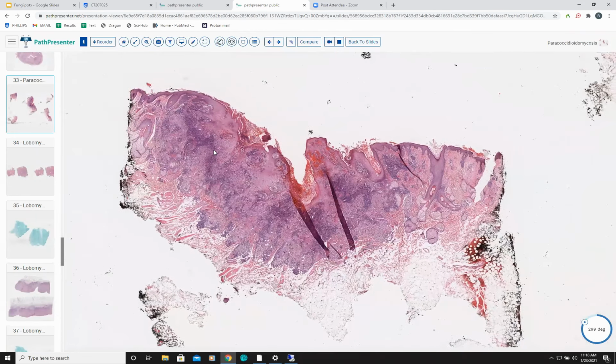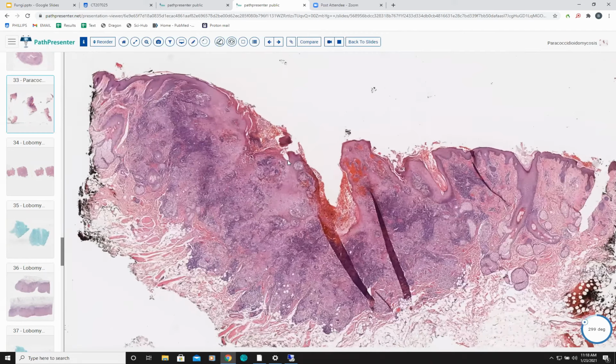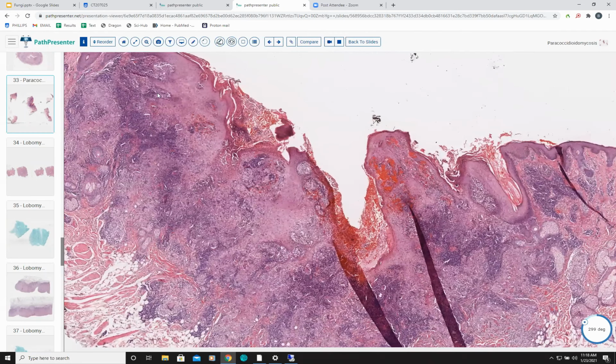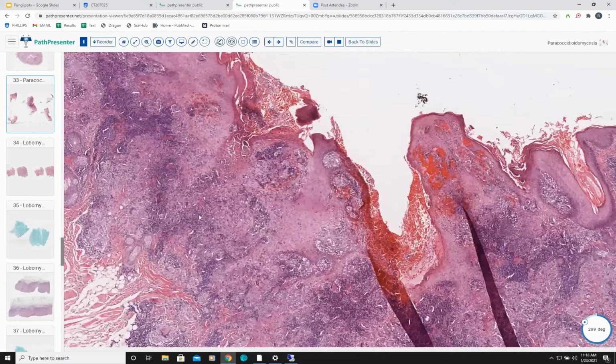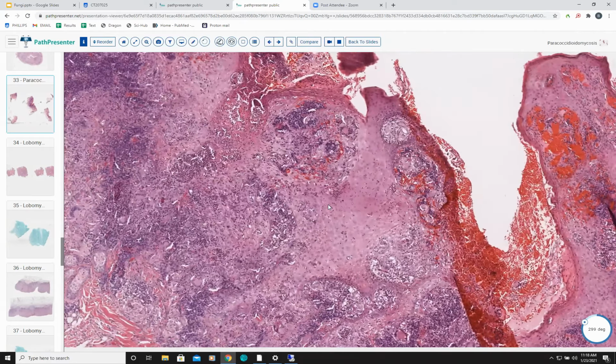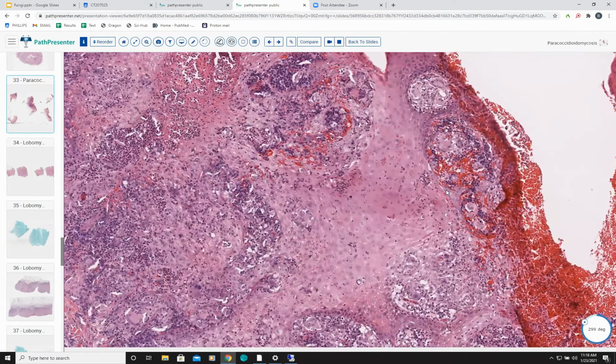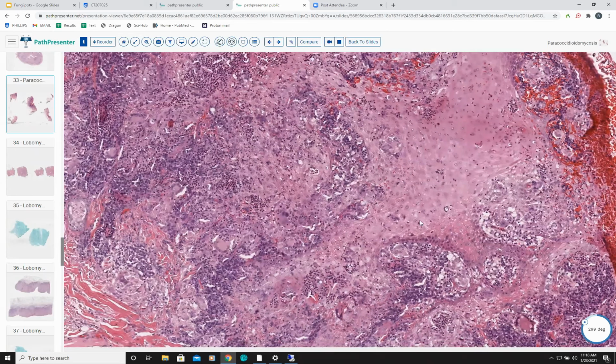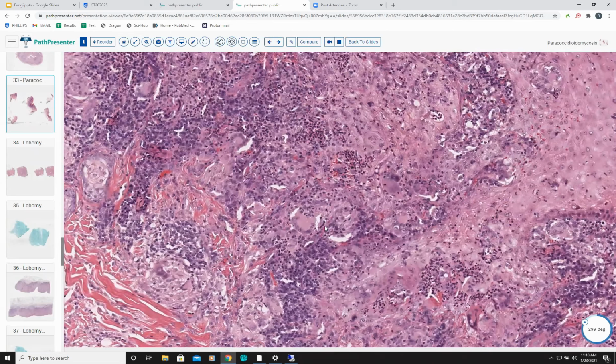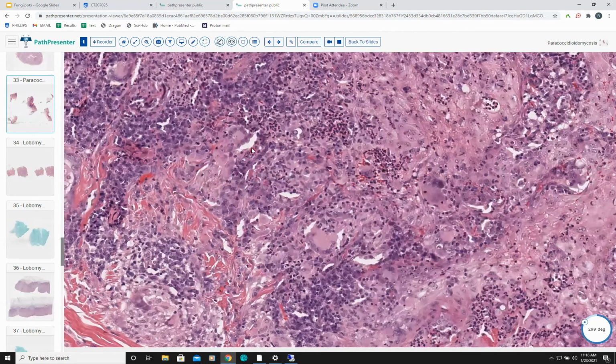Nice deep shave or saucerization maybe, and pseudoepitheliomatous hyperplasia, beautifully demonstrated here with these tongues of epidermis going into the superficial dermis. Neutrophils, dense lymphohistiocytic infiltrate, and here you can recognize these mariner's wheel-like organisms. This is paracoccidioidomycosis.